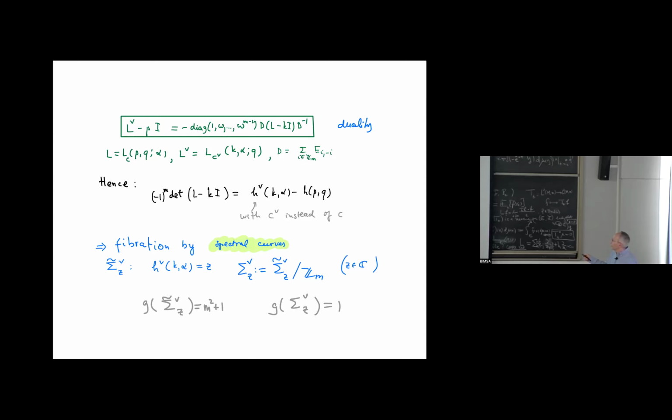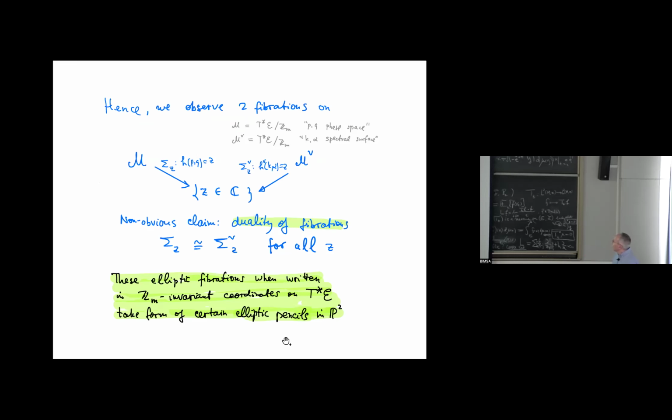Okay, so you get another fibration here on the spectral side by these similar looking curves, but with a different Hamiltonian and different couplings. And again, you get the same result that if you take the quotient by Z_M, you get an elliptic fibration. Hence, we have an interesting kind of picture.